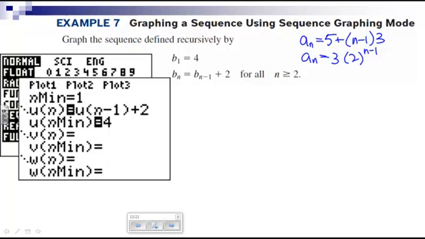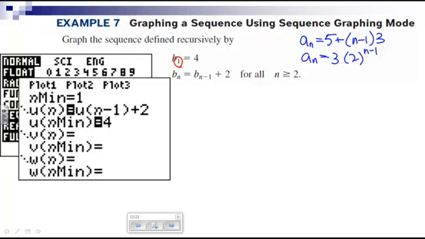Remember, n is the letter that we use to describe position in the sequence. We're saying that our sequence starts with position 1. By the way, many mathematicians like to start their sequences actually at position 0, so they give you the option. Let's start our sequence at position 1 because that's the number that was given there.